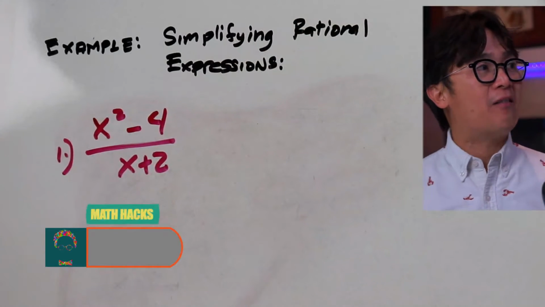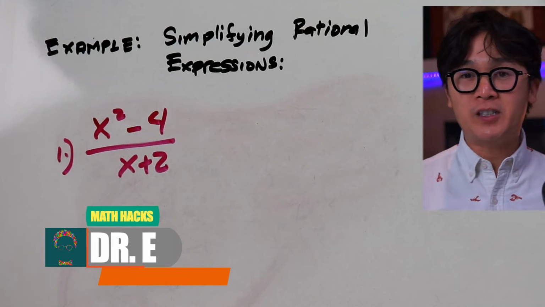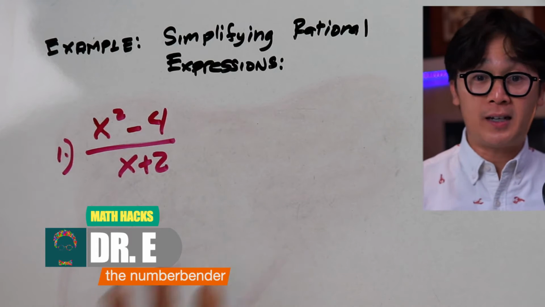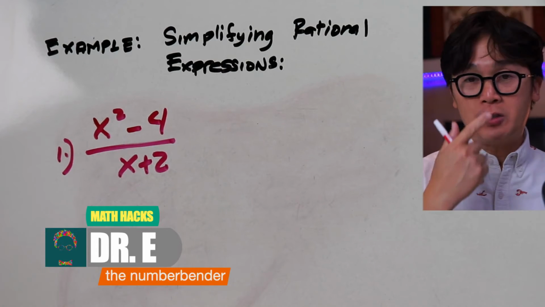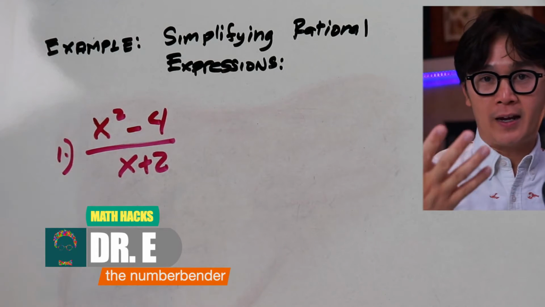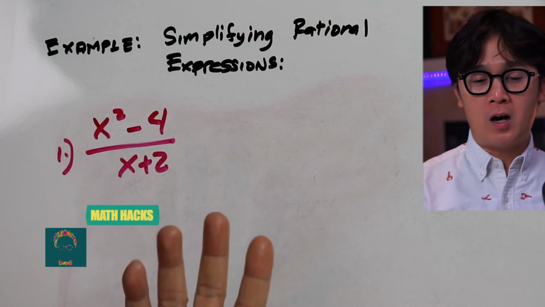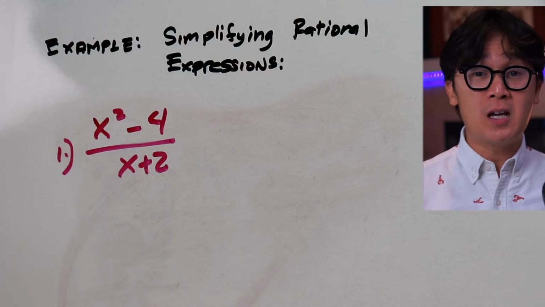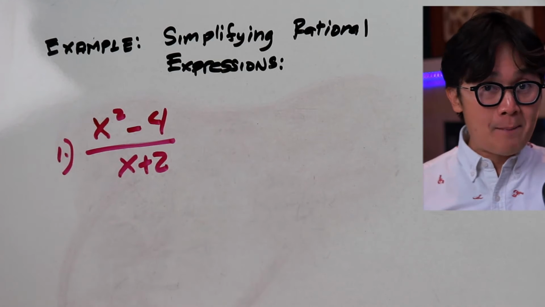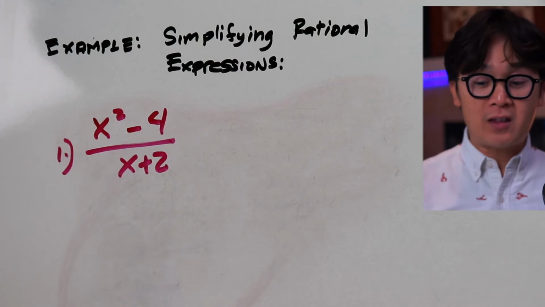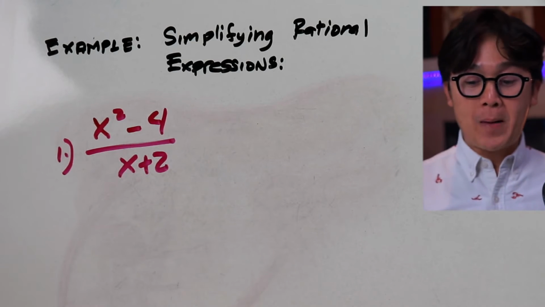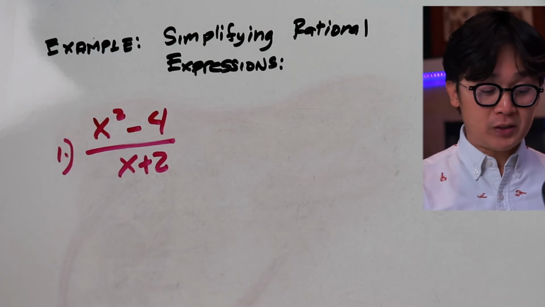So now we have x squared minus 4 all over x plus 2 that we're going to be working on as an example. Once we have introduced prime factorization, factoring, and operations involving fractions, we can then show them how we put them all together to simplify x squared minus 4 all over x plus 2.